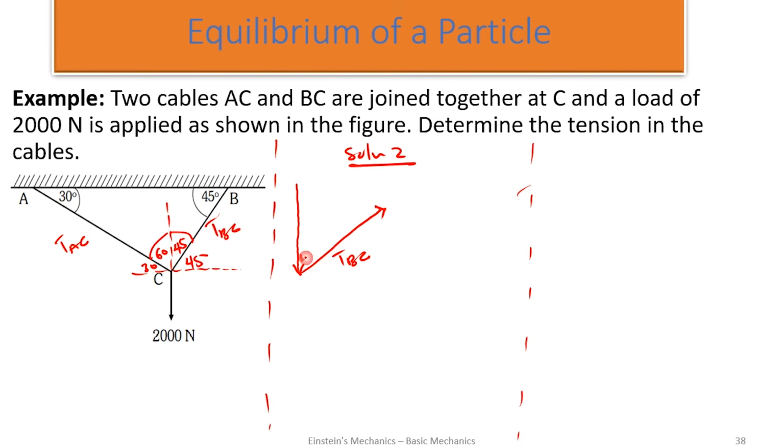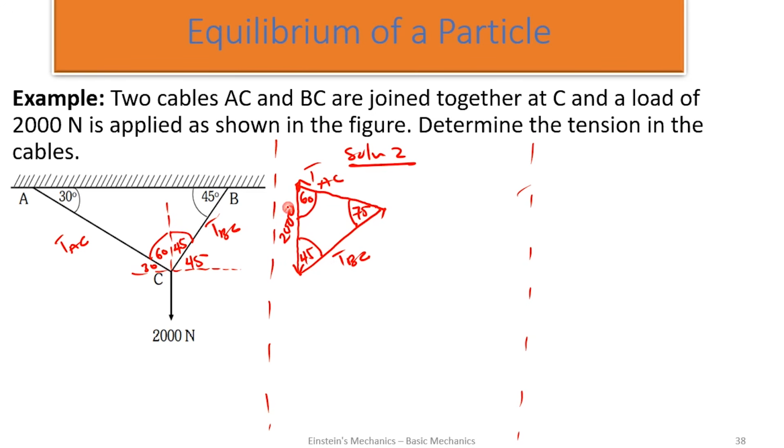So we have our 45 here. And tension AC is also going this direction. So we have tension AC here. And what angle does tension AC make with the vertical? 60. So we have 60. And using the angle way, we can see that this will be 75.